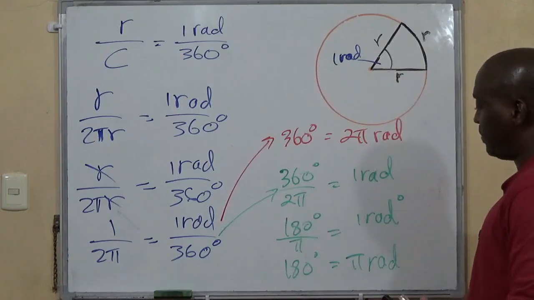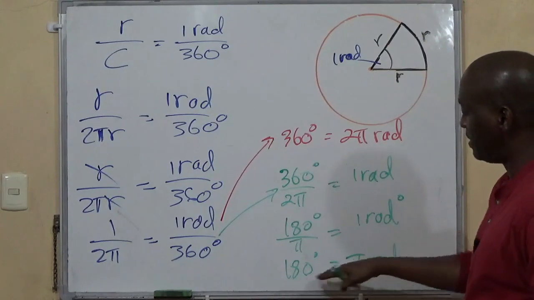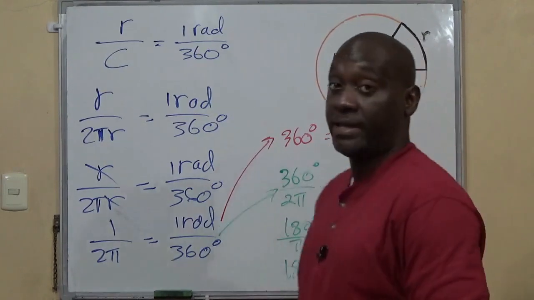So this is how we get that 180 degrees is equal to pi radians.